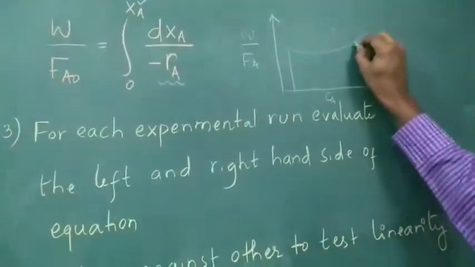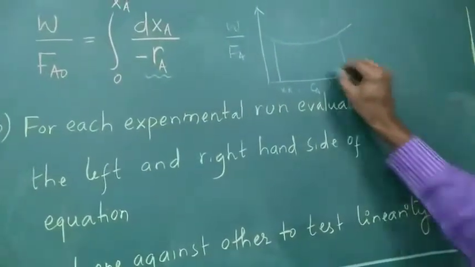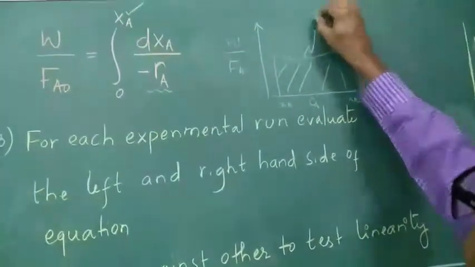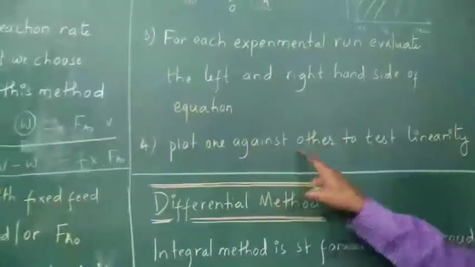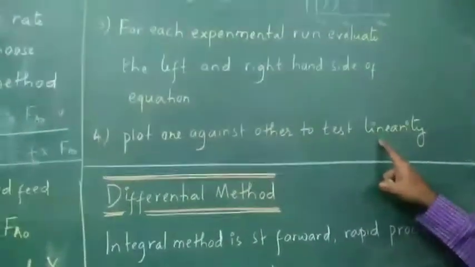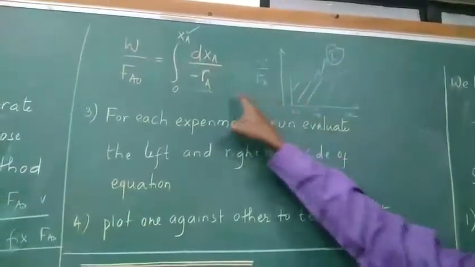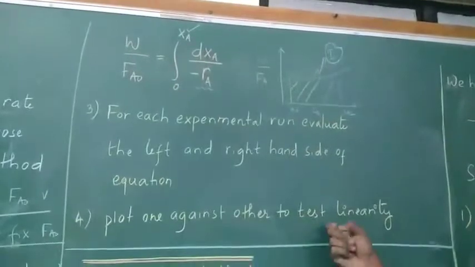You can use 0 to XA or XA1 to XA2. So this area under the curve will be the integral value. So this way you can do it. Plot one against the other to test the linearity. So you can test the linearity, or you can calculate the conversion, or you can calculate an unknown quantity. So by this method.